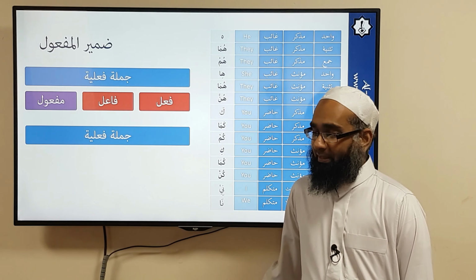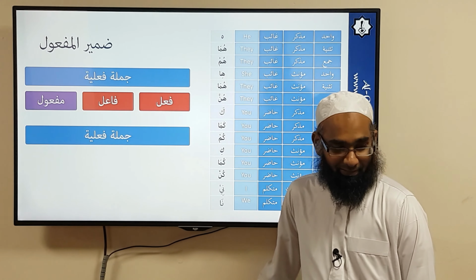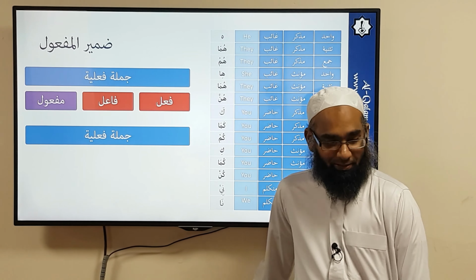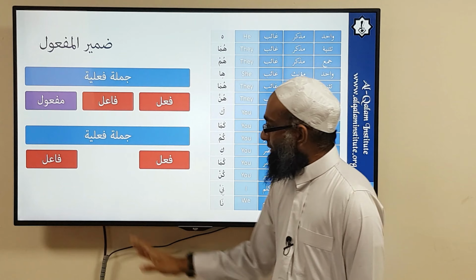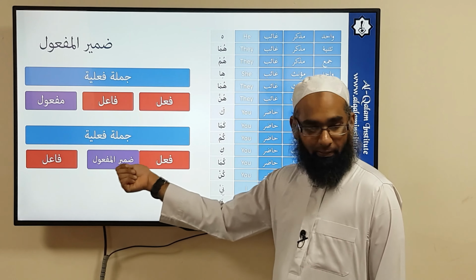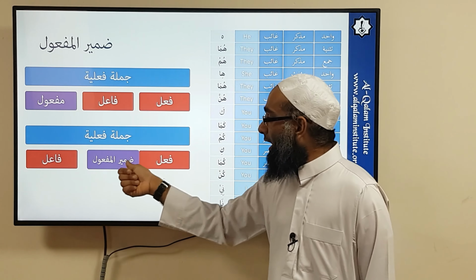What does it become? A clingy baby. What do clingy babies do? Cling to the mother. So the fa'il is a mother, and the maf'ul becomes a clingy baby. So it says, well, you go away, I need to cling on here. So the zamir al-maf'ul clings on to the verb. It does not exist on its own.